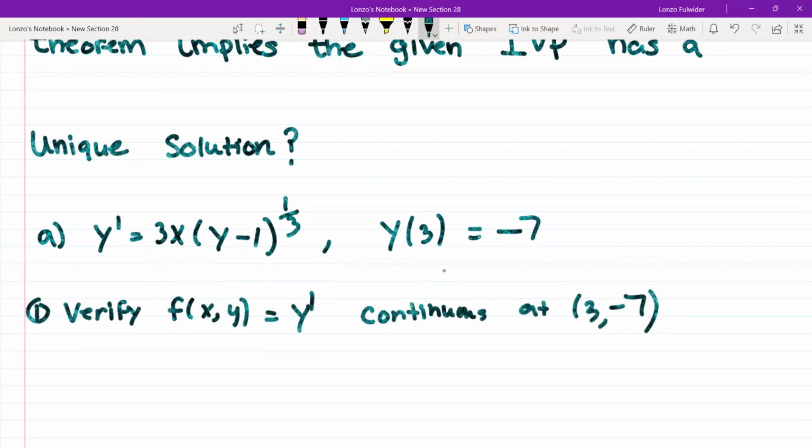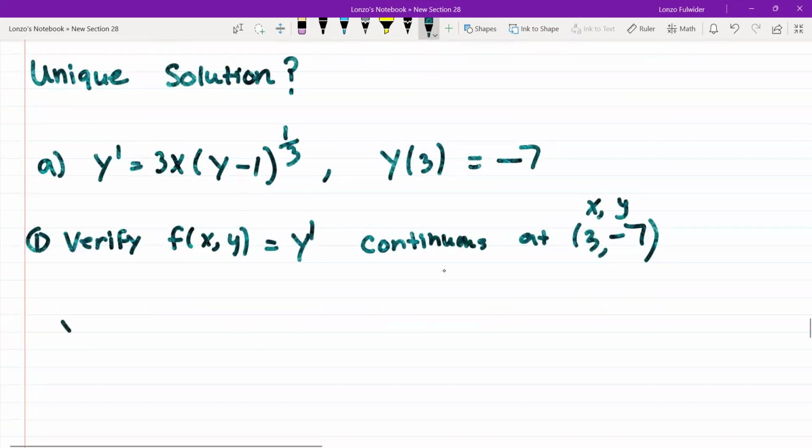So what should I do? Oh, you just plug in your points. If you get a real value, that means it's continuous.